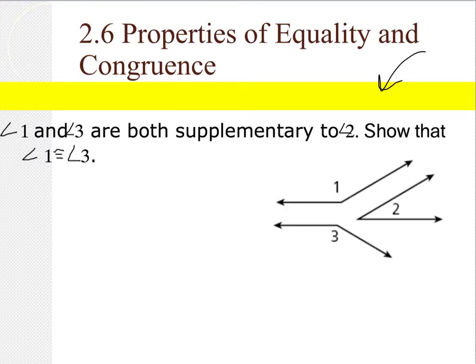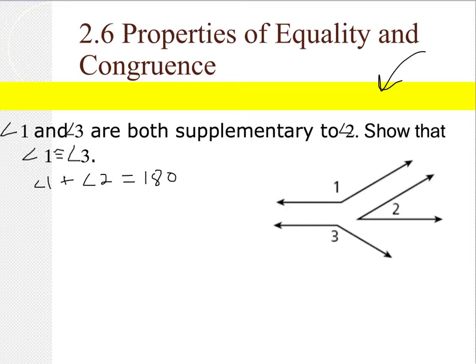Alright, so the very first thing I'm going to do is get the definition of supplementary. What does it mean to be supplementary? Well, we know that the two angles add up to equal 180. If 1 and 3 are both supplementary to 2, then angle 1 plus angle 2 equals 180.